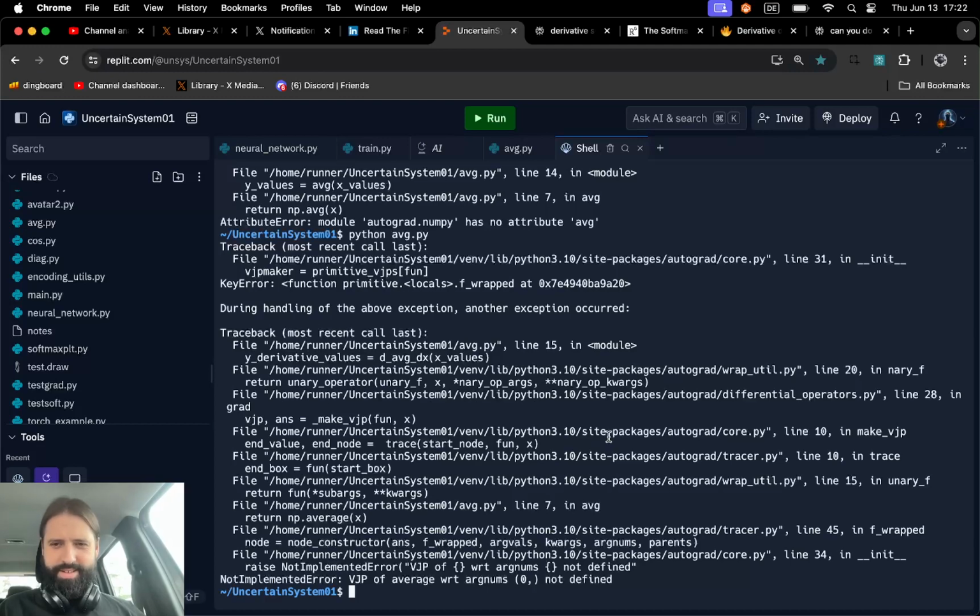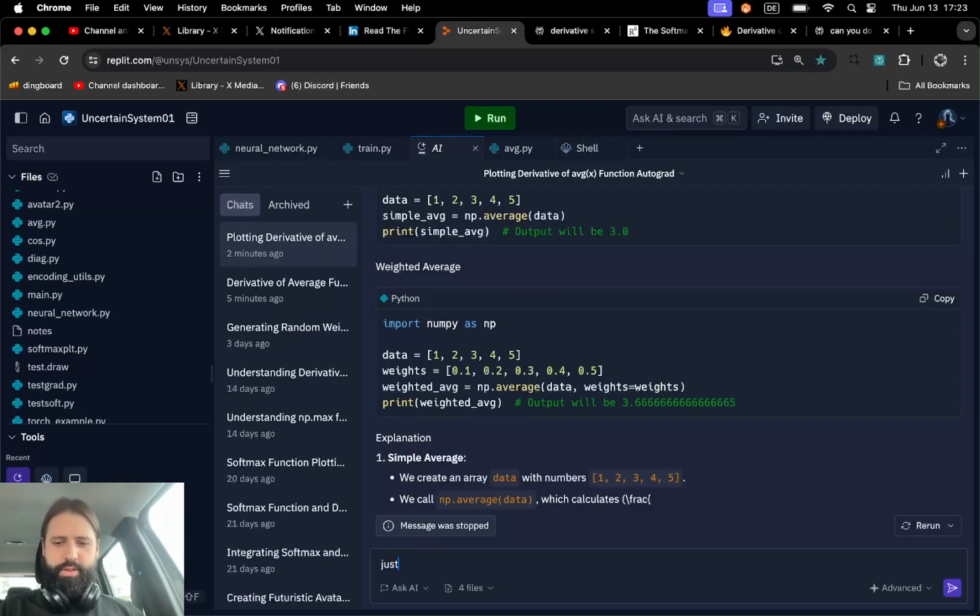AutoGrad doesn't. Okay, just Python code to calculate an average of an array.